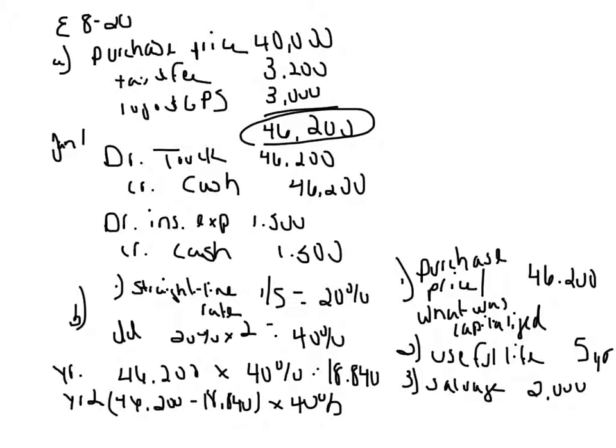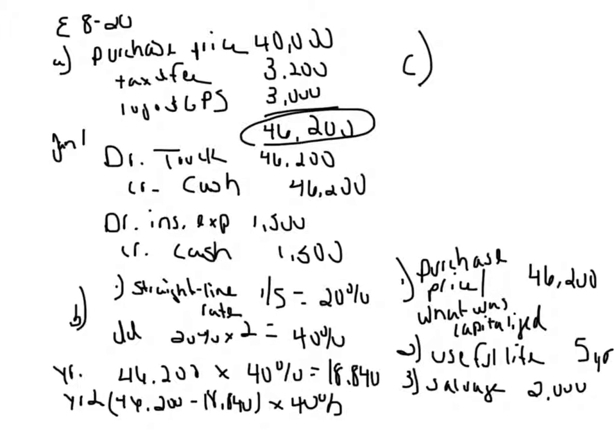Okay? And then in C it says show how Jones would report this truck on the current year balance sheet. So for C, you're going to take that original balance here, the 46,200, and subtract the accumulated depreciation, and that would be your net book value.